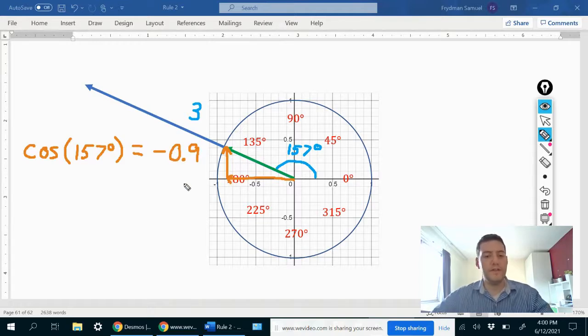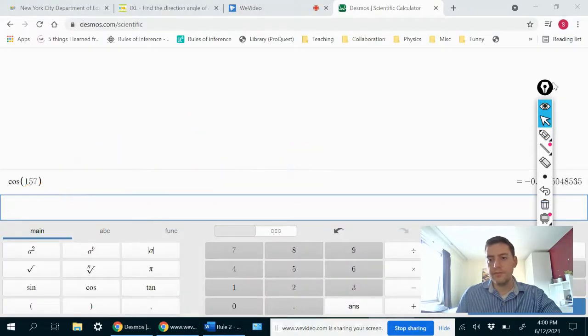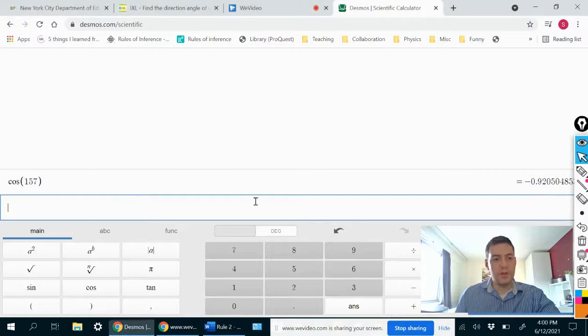Now to find the vertical component, it's just as simple. We're just going to take the sine of 157 degrees. And again, we're going to do that in a calculator. So what is the sine of 157 degrees? That is 0.390 and so on.